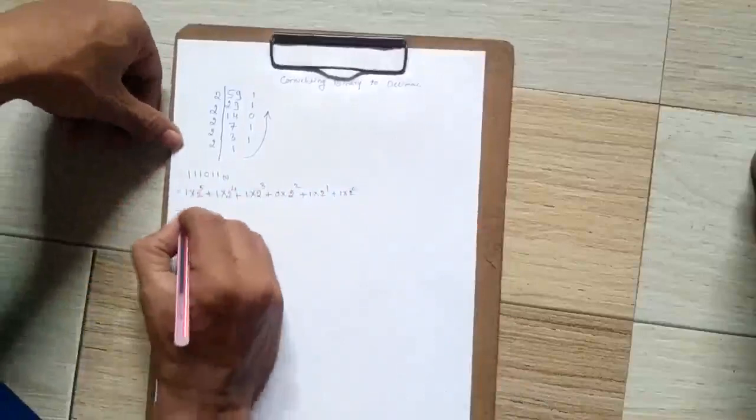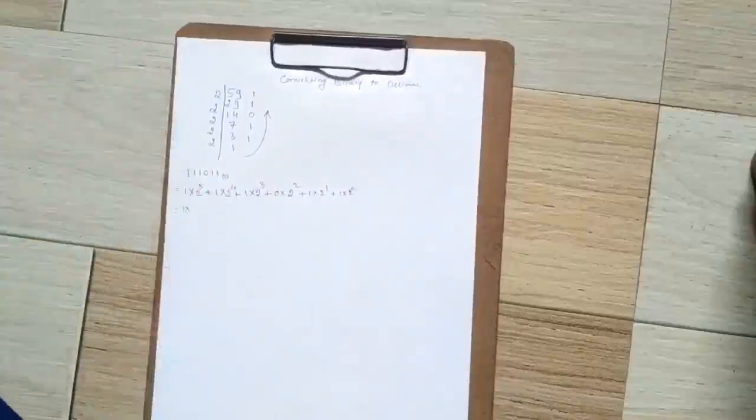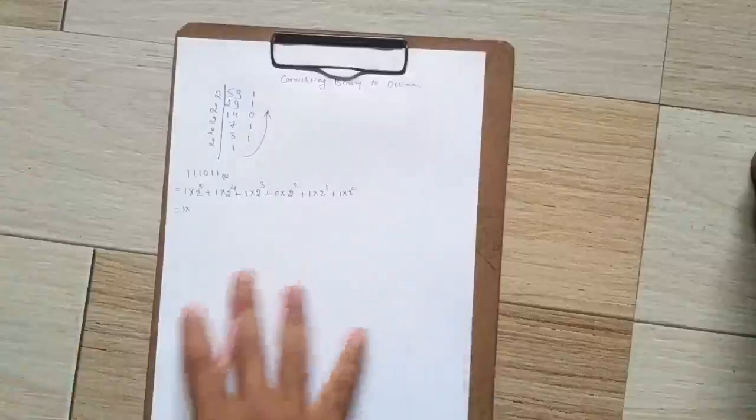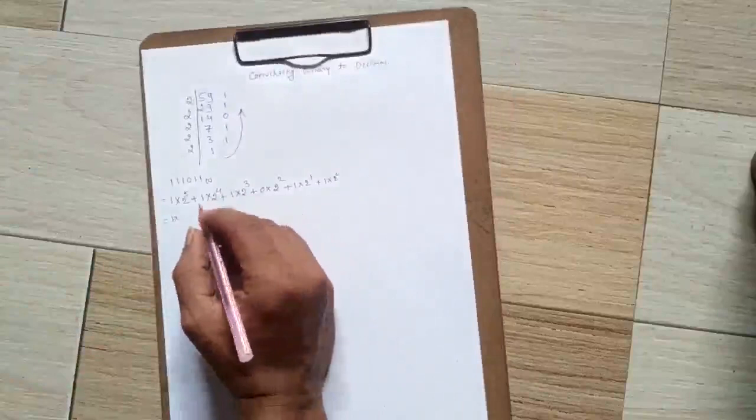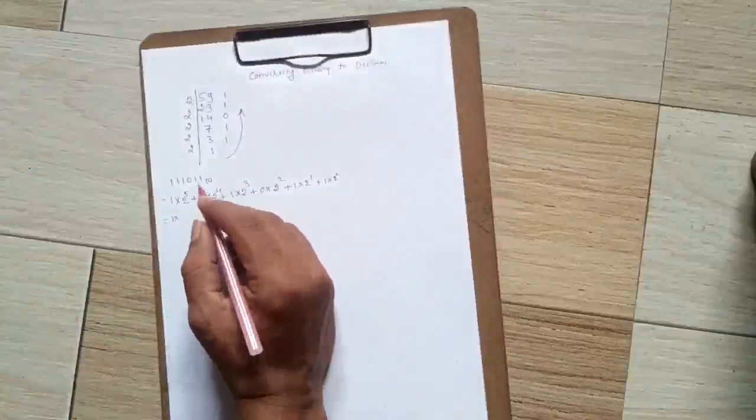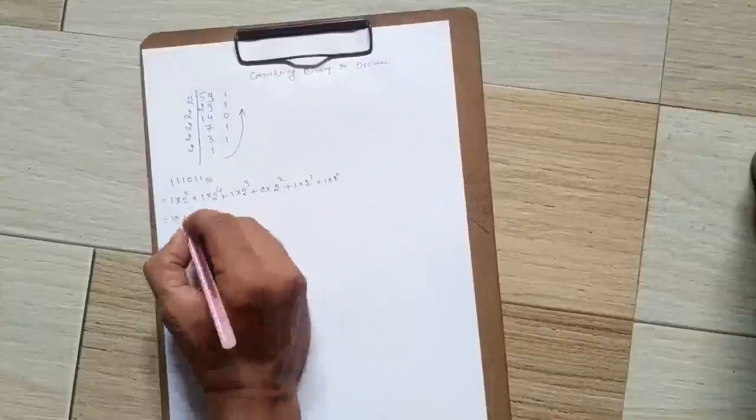So now 1 into 2 raised to 5. 2 raised to 5 means 2 into 2 into 2 into 2, you have to multiply 2 five times. 2 into 2 is 4, 4 into 2 is 8, 8 into 2 is 16, 16 into 2 is 32.